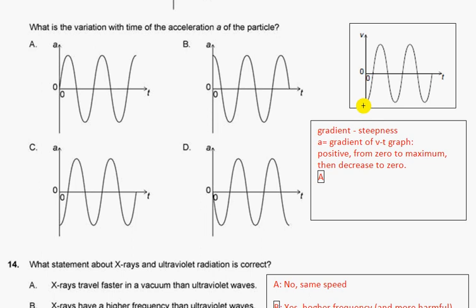At the beginning acceleration is 0, then it is positive, reaches maximum, then positive, goes to 0, and then becomes negative. So graph A. Neither other graph behaves this way, so it is A.